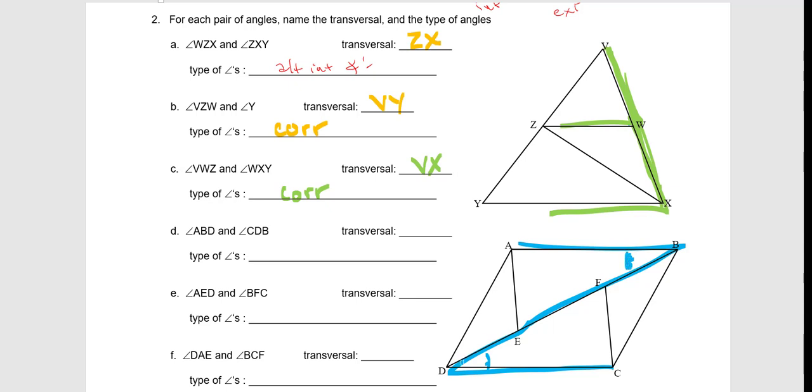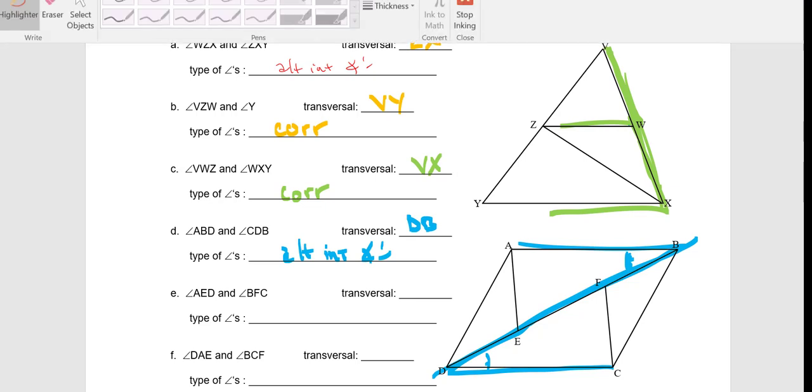And they both contain this segment right here, this line right there. So that's going to be my transversal, DB. And we said that's going to be alternate interior angles. Okay, let's jump to the next one.